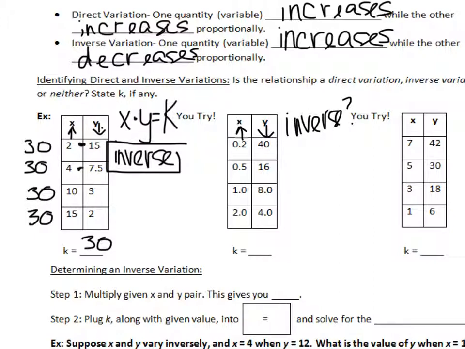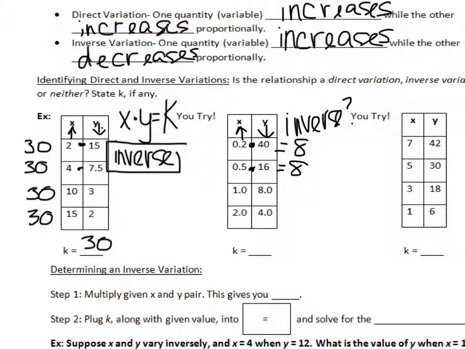And it'll only be inverse if, when you multiply x times y, they all come out to be the same thing. So 0.2 times 40 is 8. So all of them need to be 8 in order for this to truly be an inverse. 0.5 times 16, well, that's like half of 16, so that's also 8.